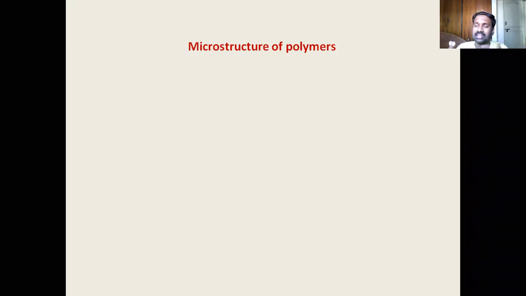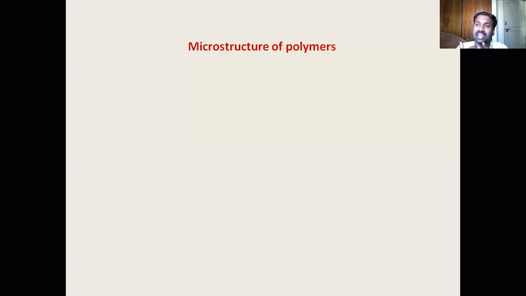They have their own length, and likewise their own molecular weight, so we take an average molecular weight. Now, how are these chains held together? That is what microstructure of a polymer is basically.